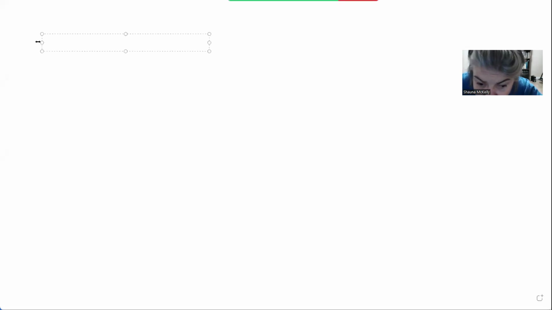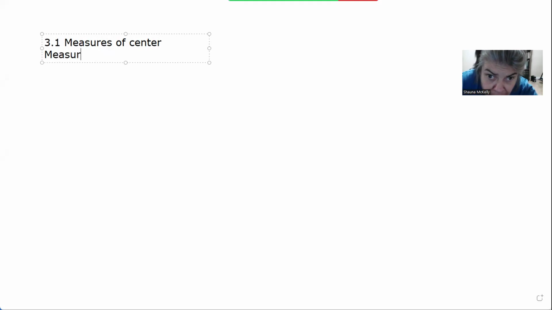In 3.1, we talk about measures of center. Sometimes we also call this the measures of central tendency. Where does the center typically fall?